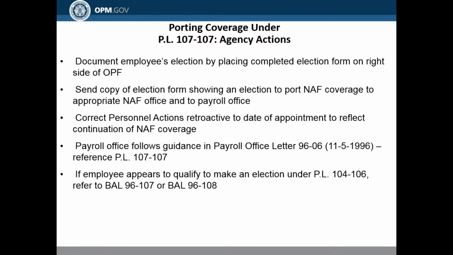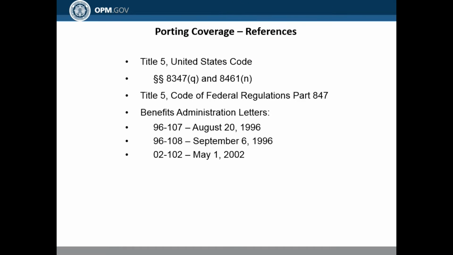And it's going to reference Public Law 107. If the employee appears to qualify to make an election under Public Law 104-106, refer to BAL 96-107 or 96-108, which address those concerns. Again, with all these bullets, this slide and this slide, as far as agencies go, you're going to want to pull this out too and keep this as a cheat sheet for yourself.